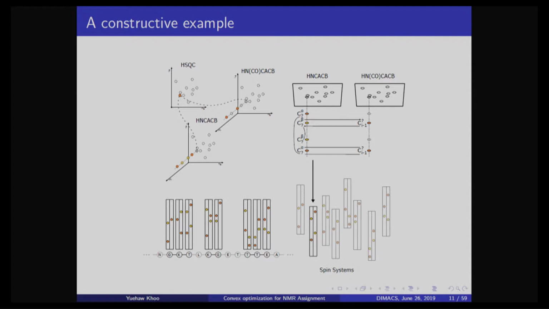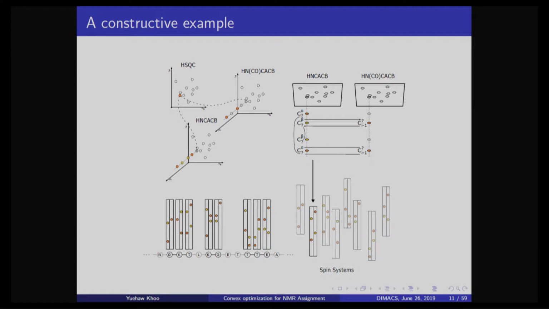Then if you sort them correctly, you're going to see this pattern. Let's look at the very right-hand side of this figure. For these two neighboring residues, T and E, you see these two strips over here. They will have 2 peaks sharing the same frequencies. This is the type of pattern you're seeing.